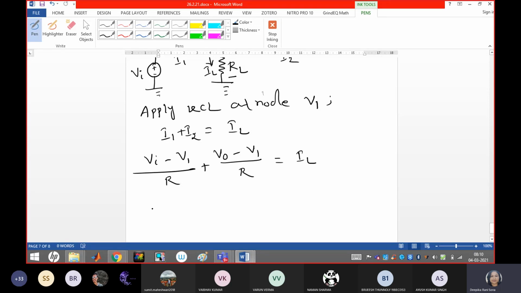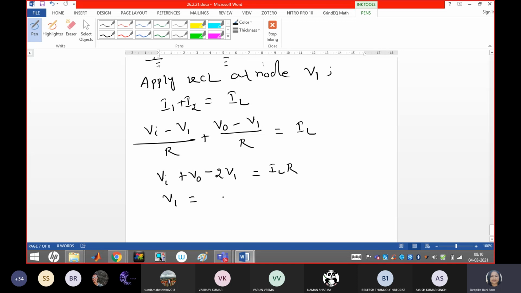Taking R to this side and the remaining numerator to one side, we get Vi plus V naught minus 2V1 equals IL R. What is V1? Our requirement is V1, because our applied input to the circuit is V1.